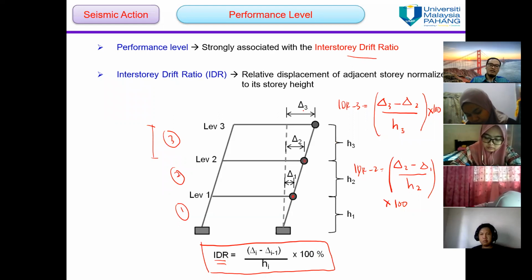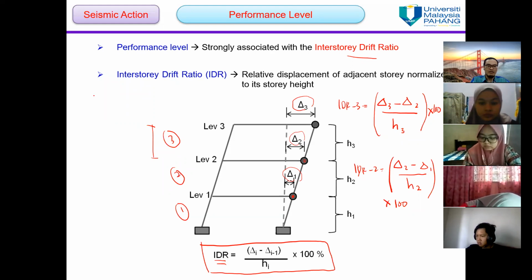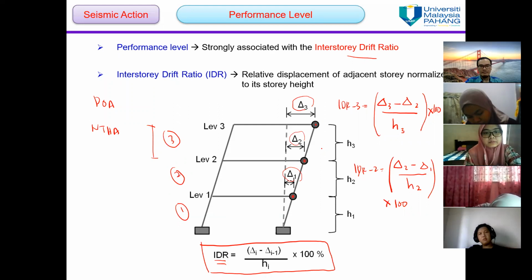And then the displacement, we can obtain it before we construct the building, by doing an assessment using either pushover analysis or nonlinear time history analysis to evaluate the maximum displacement of every story due to the lateral forces.